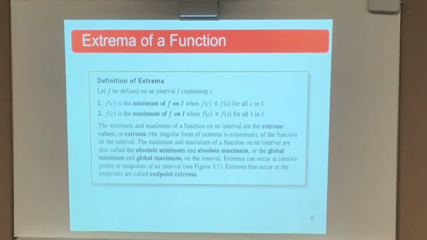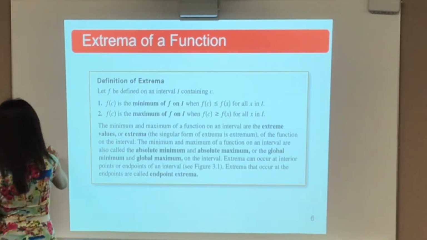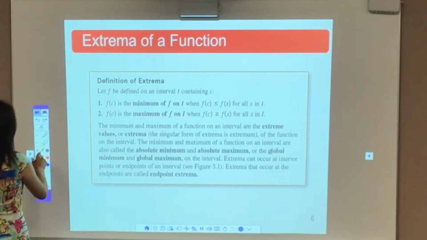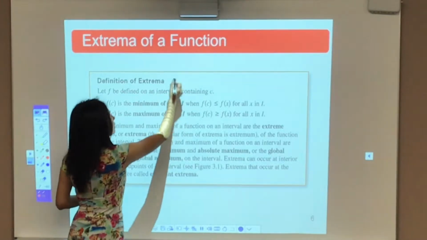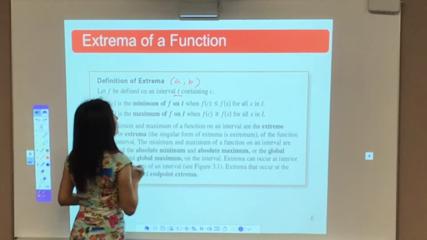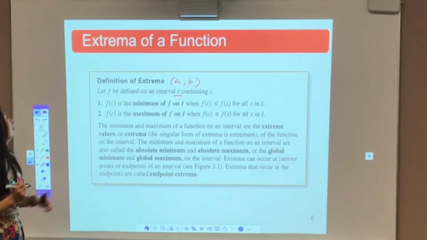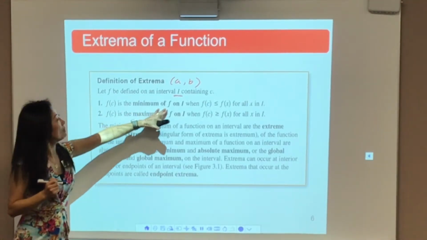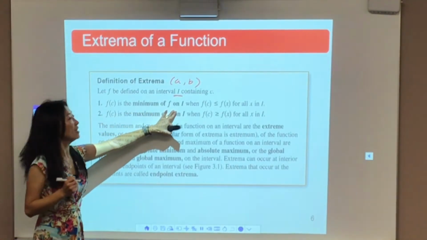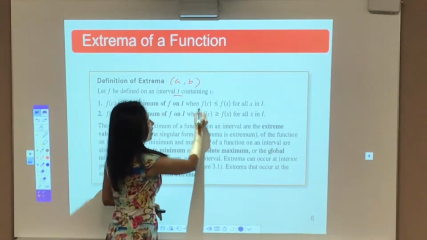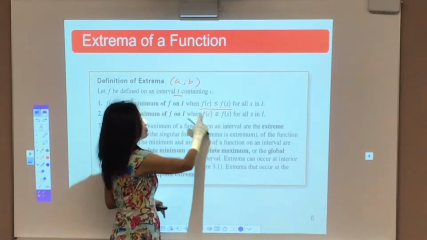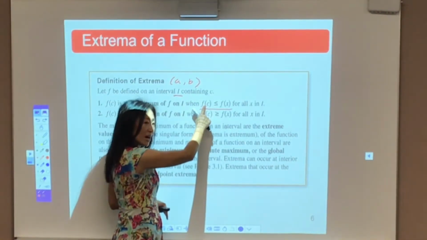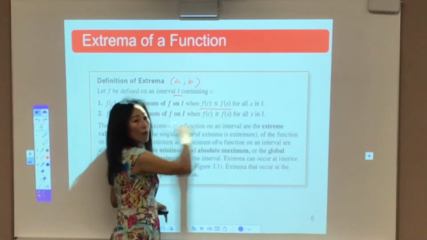So the definition of extrema. Let f be defined on an interval I containing c, just some number, okay? It could be a and b, all right? So f(c) is a minimum of f on I when f(c) is less than or equal to f(x), which means this y value is smaller than other y values.